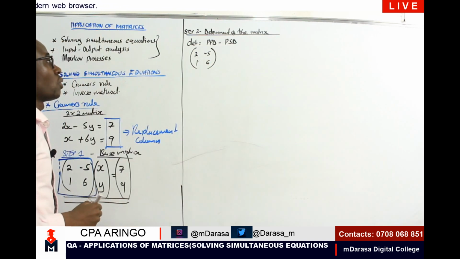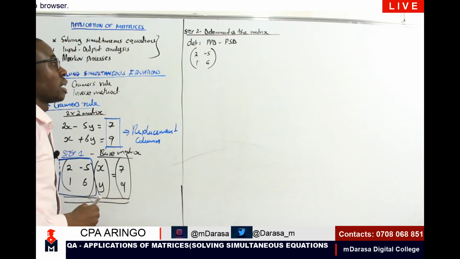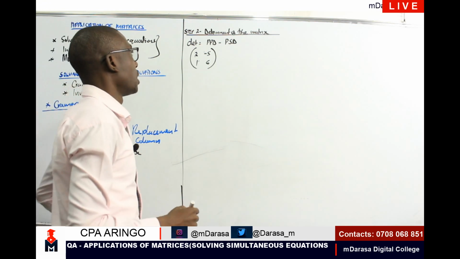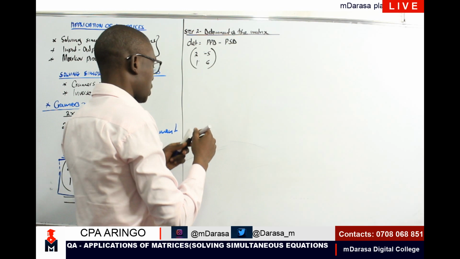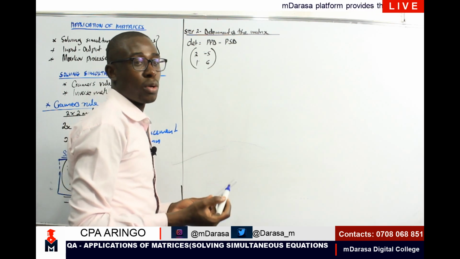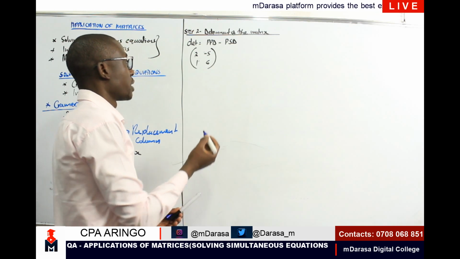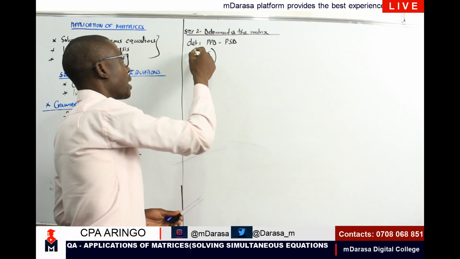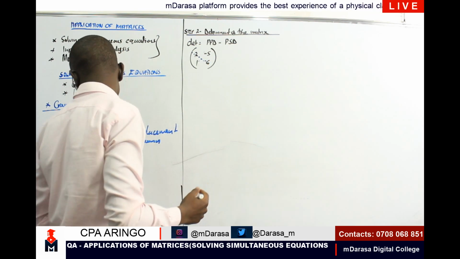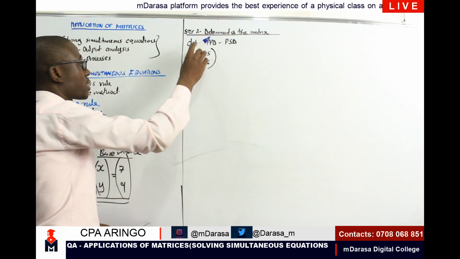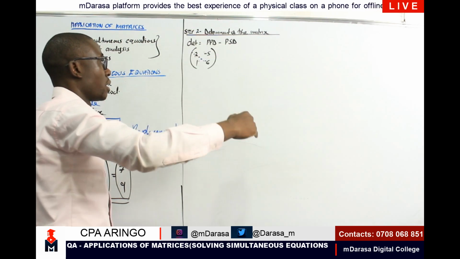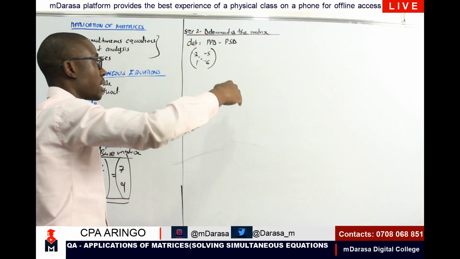So how will we determine our determinant? Product of the primary diagonal. Of course, we mentioned, and now I know we are very good at identifying our primary diagonal, right? We say that our primary diagonal, we're going to start from the first element of our matrix going parallel, cutting across like that.